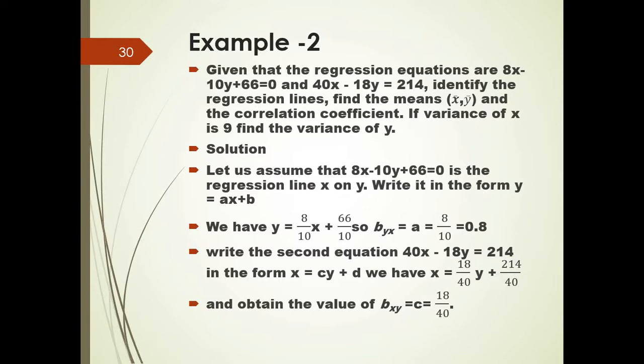So look into both the equations and see which coefficient has the maximum value. The x coefficient in the second equation is the maximum value, so it is taken as the regression line x on y.